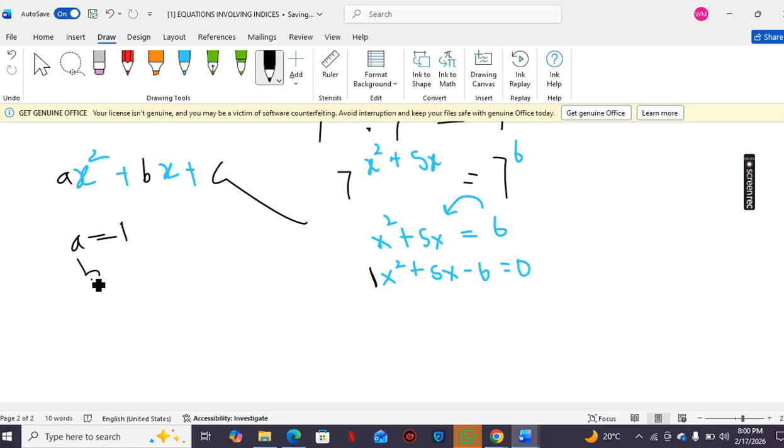B represents the number in front of x, which is 5. C represents the number without a letter, which is called the constant, which is negative 6.